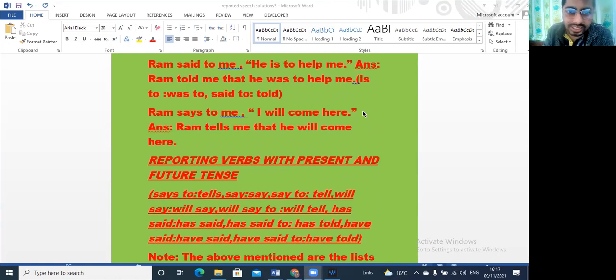Ram said to me, he is to help me. Answer: Ram told me that he was to help me. If you see over here, is changed into was. Is represents simple present. Is changes into was, and to remains the same. Is to changes into was to. Said to changes into told.